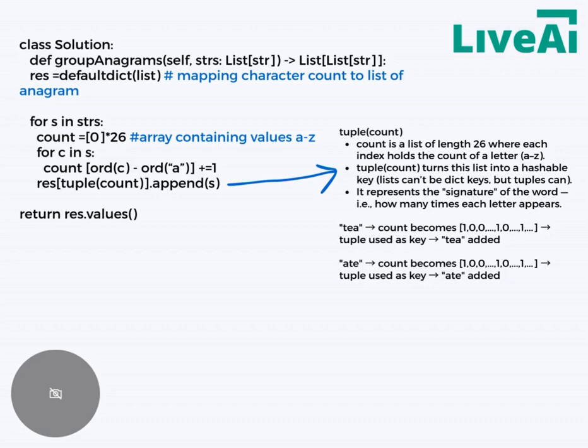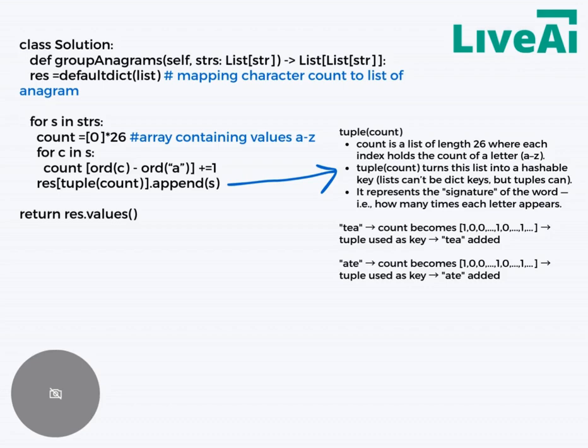Count is a list of length 26 where each index holds the count of a letter from a to z. Tuple(count) turns this list into a hashable key. A list cannot be a dictionary key, but a tuple can. That's what I was mentioning, that it's immutable. It represents the signature of the word and how many times each letter appears.